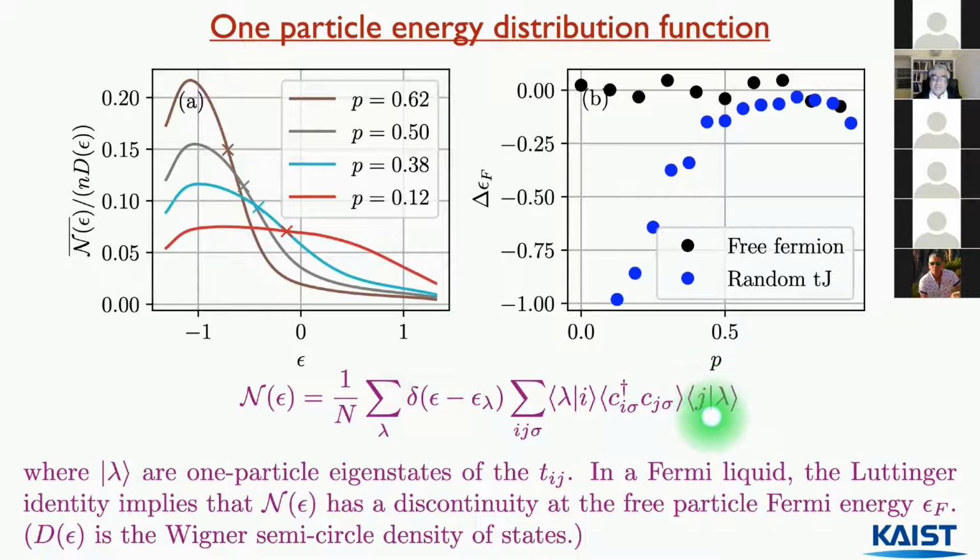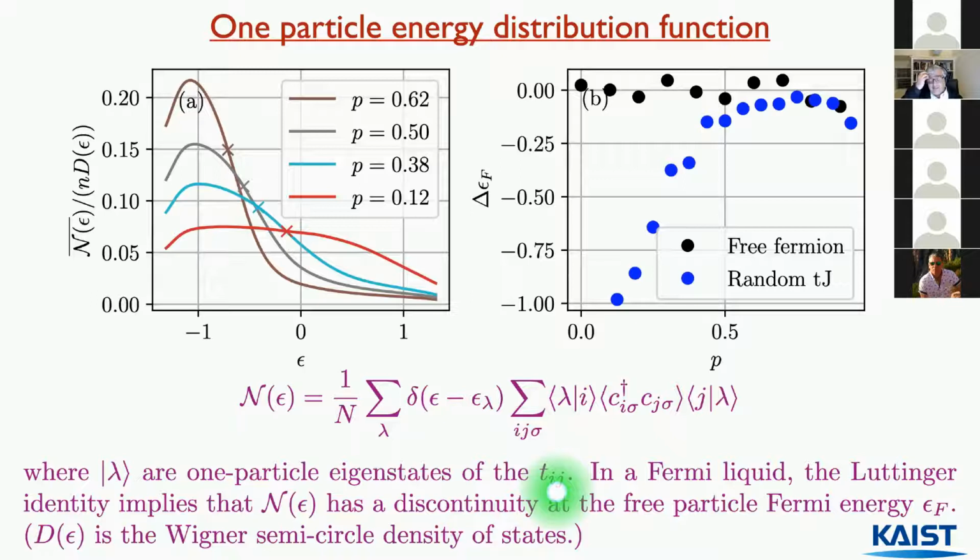Now, the remarkable thing about this model with all-to-all couplings, because of its self-averaging nature, is that you can actually prove that these quasi-particle wave functions are exactly nothing but the eigenstates of T_ij. So the free particle wave functions do not get renormalized into the quasi-particle wave functions.